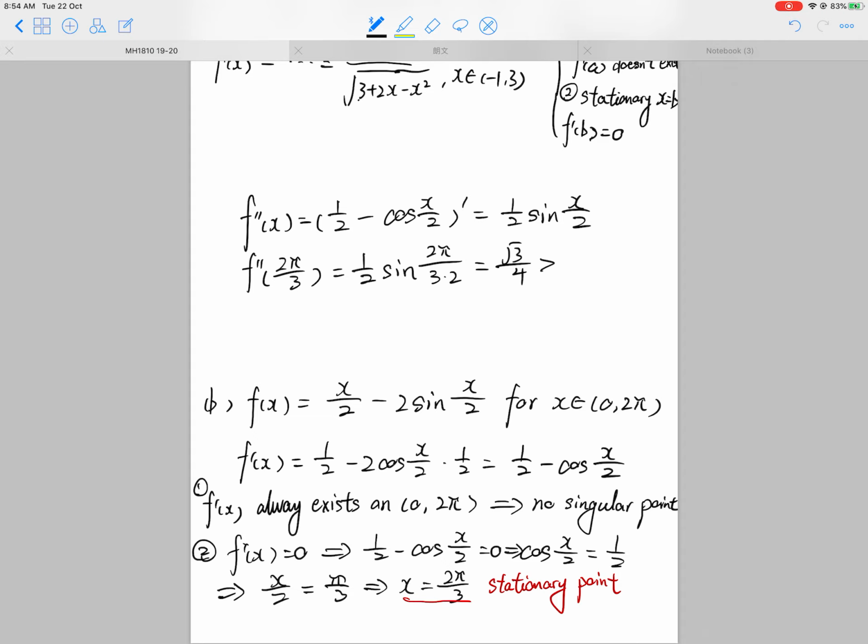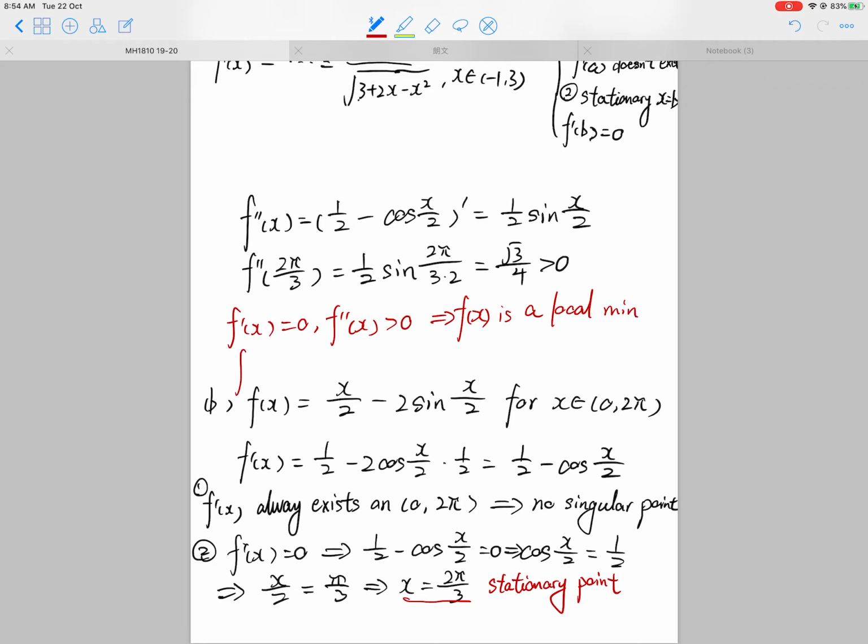It's positive. If the first order derivative is 0 and the second order derivative is positive, then f is a local minimum.